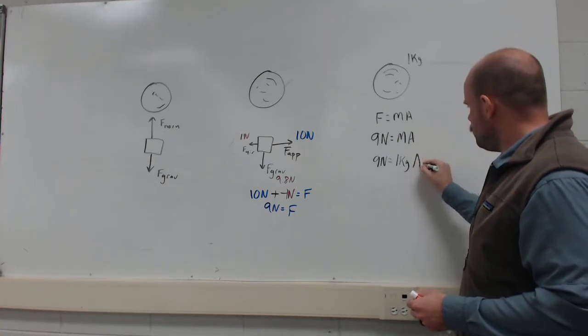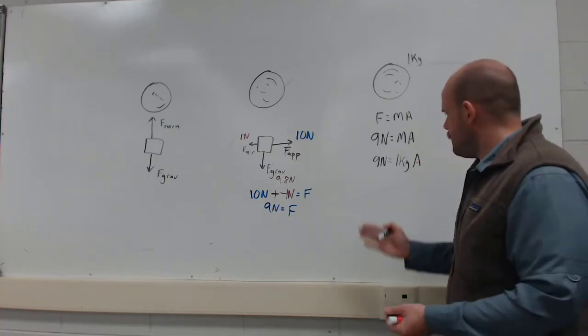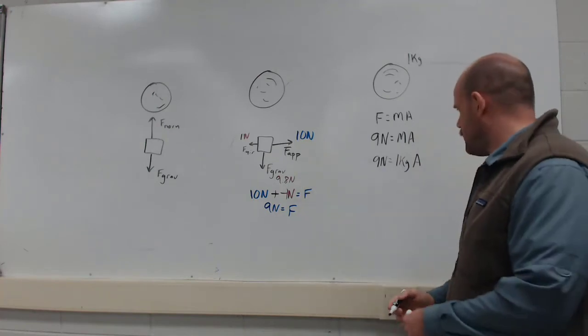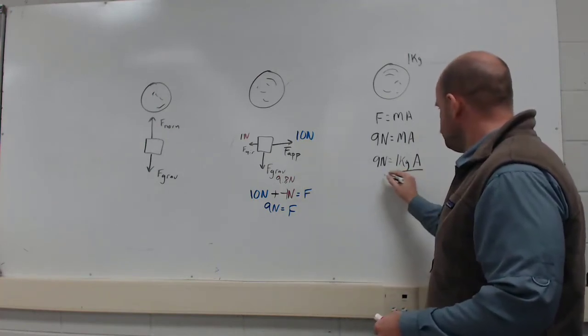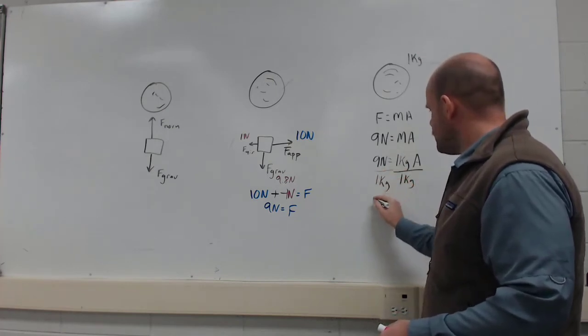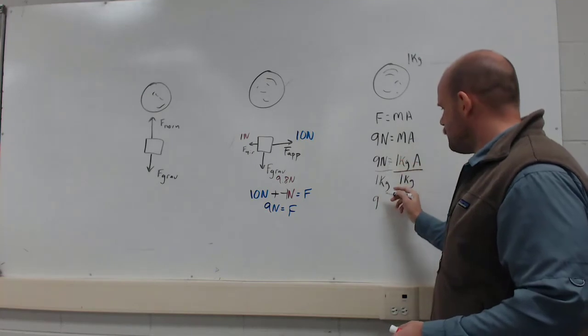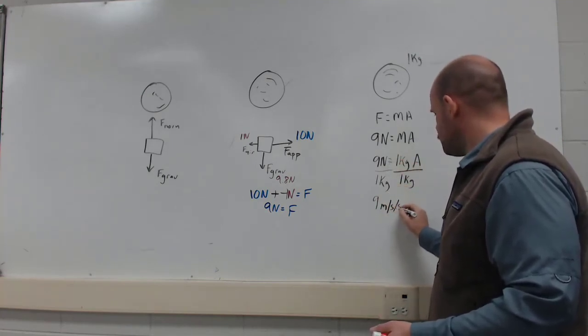But I can solve for the acceleration. I don't need you to do this yet, but I'm just showing you why we have the free body diagram in the first place. So I will divide both sides by 1 kilogram. 9 divided by 1 is 9. Newtons divided by kilograms is meters per second squared.